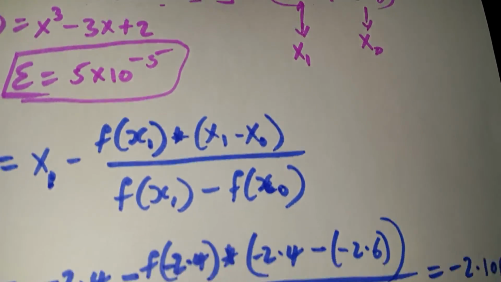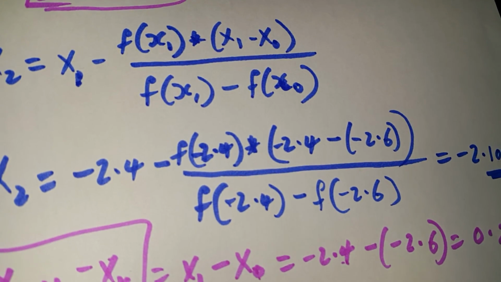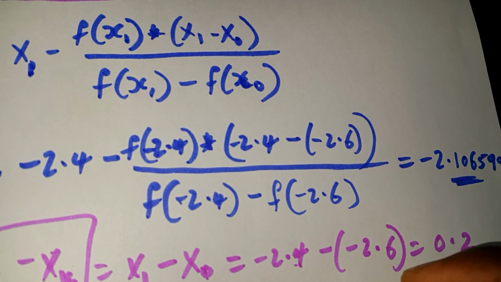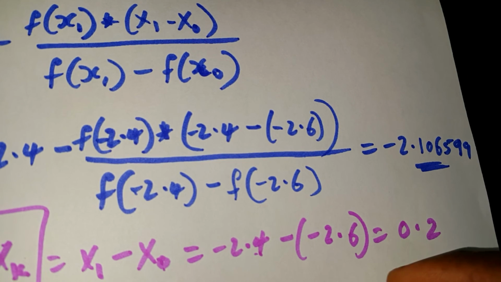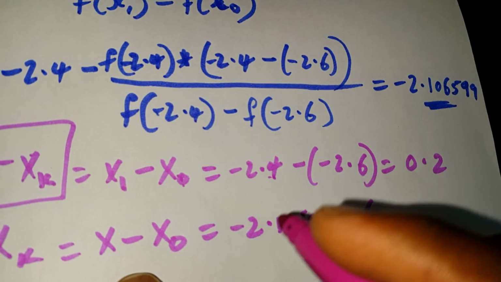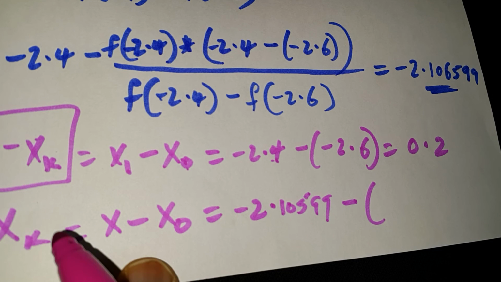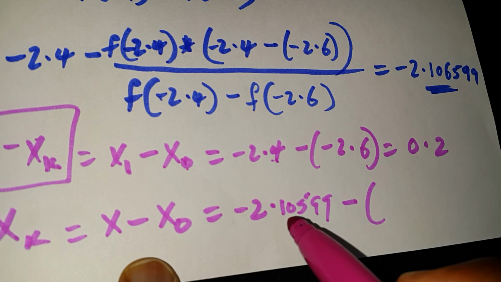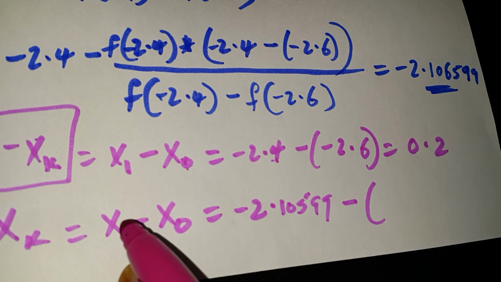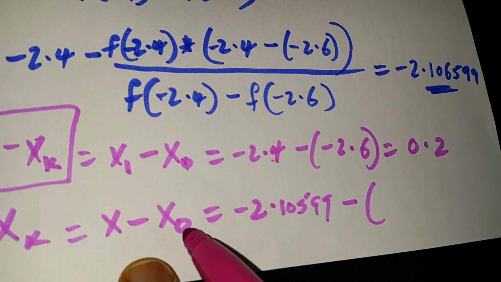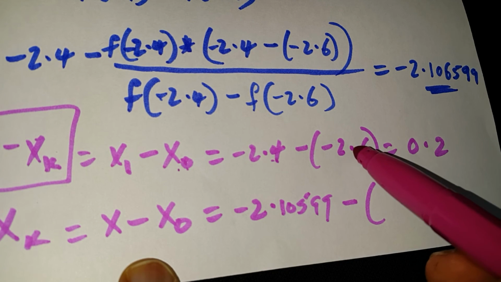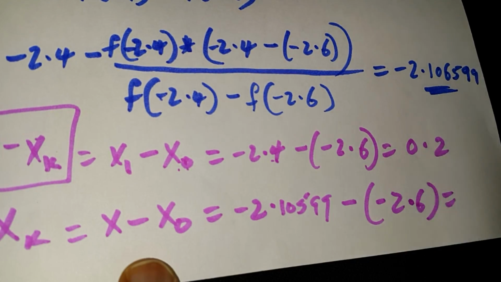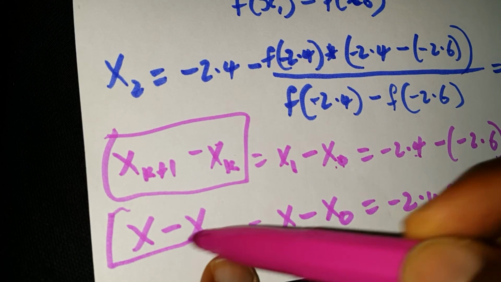So what we found here is minus 2.10599, minus our x0, which is minus 2.6. From here, this is our first error and this is our second error.